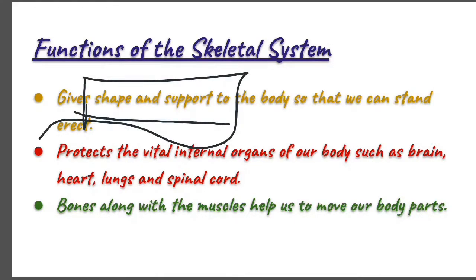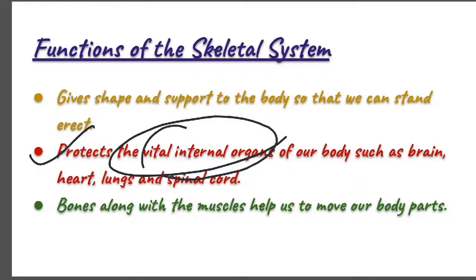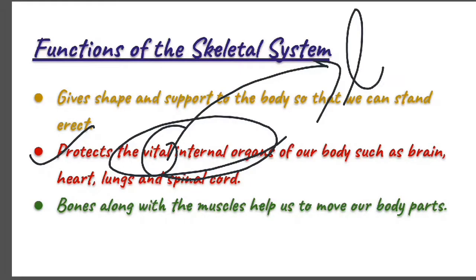The second point is that it protects the vital internal organs of our body, which I have told you earlier also, just now. Now vital means that which provides you life, meaning organs which function properly and have life inside.